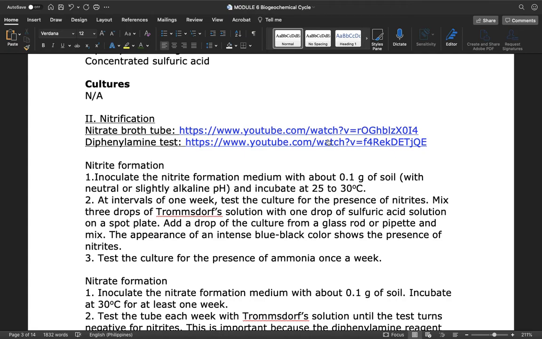can be produced sequentially, or they can be produced directly from ammonia to nitrate. And that process is actually carried out by a special group of bacteria called the comammox bacteria, the complete ammonia oxidizing bacteria.